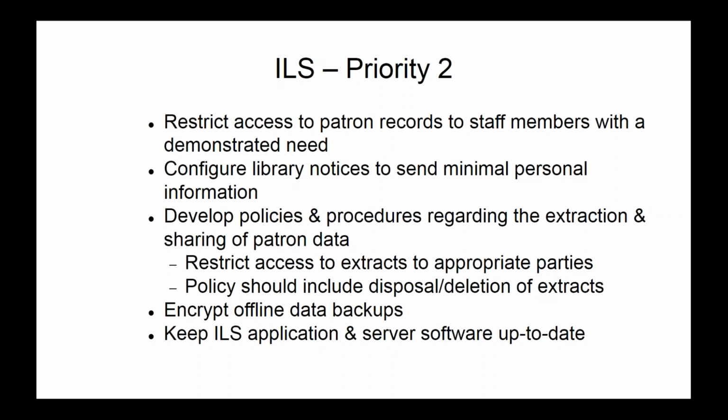Configure library notices to send out minimal personal information. You want to minimize the amount of information that's being sent out. Emails are unencrypted and you're not sure who's going to receive them. Printed notices on postcards have a similar problem. So just avoid broadcasting more information than you need on the notices.